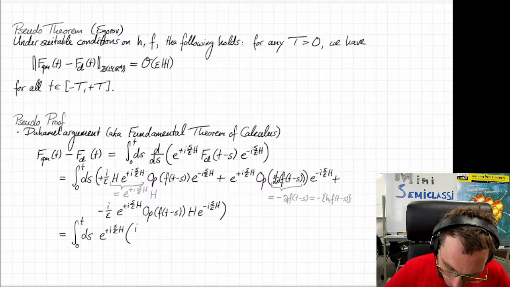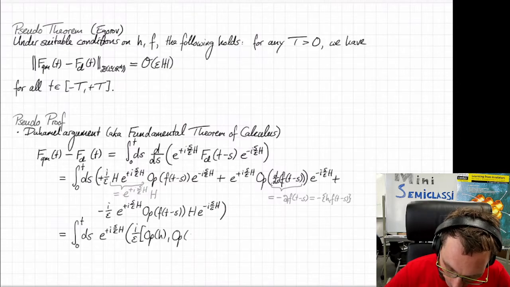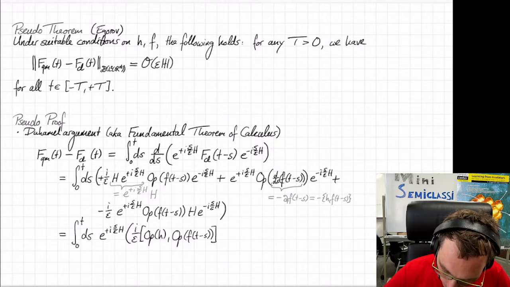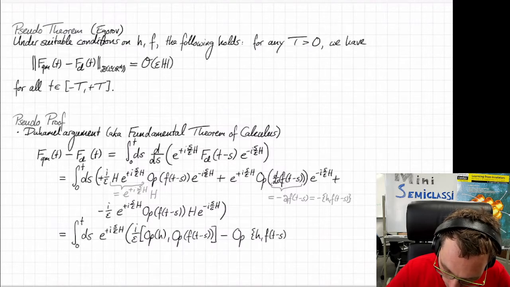Then I have i divided by epsilon, the commutator of op h, which is capital H, and op of f of t minus s, minus the quantization of the Poisson bracket of h with f of t minus s.